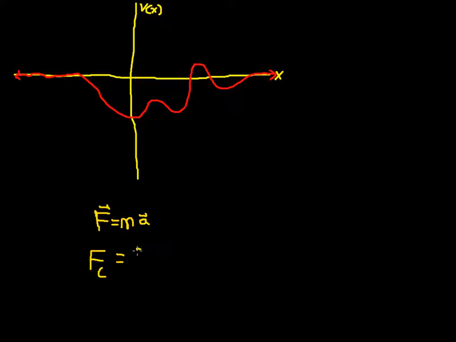That's going to be the derivative of the potential energy function V of x, and I'll just keep on writing V of x so we don't confuse this V with velocity, which we're also going to talk a little bit about. Sorry, minus the derivative. I'll fix that minus sign there. So it's the negative derivative of the potential energy function with respect to x. Okay? And this is just for conservative forces.